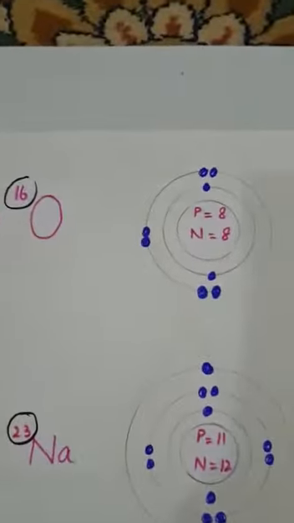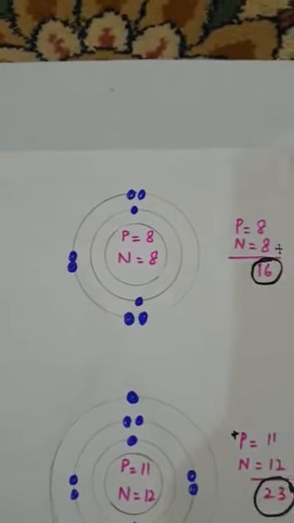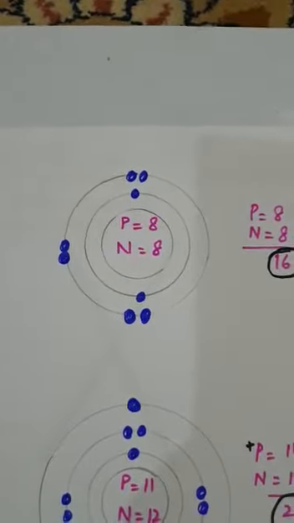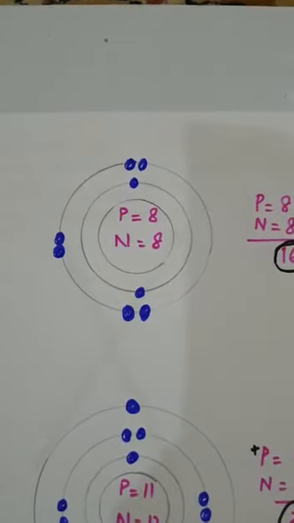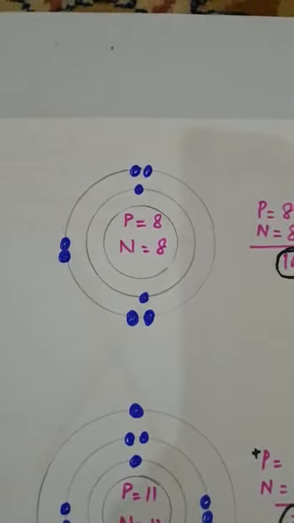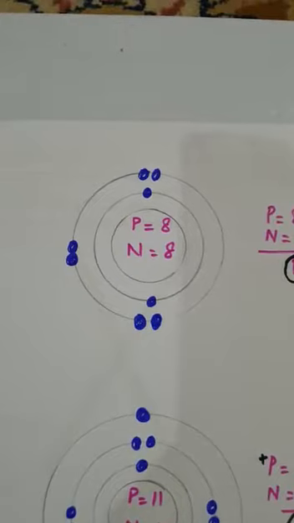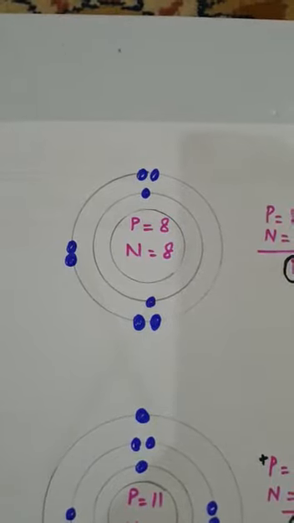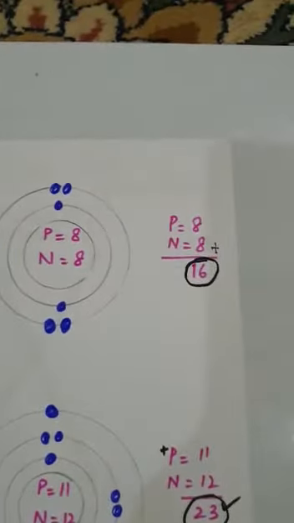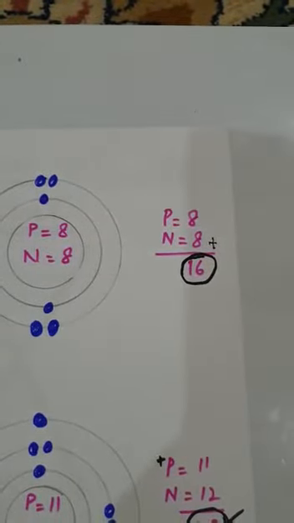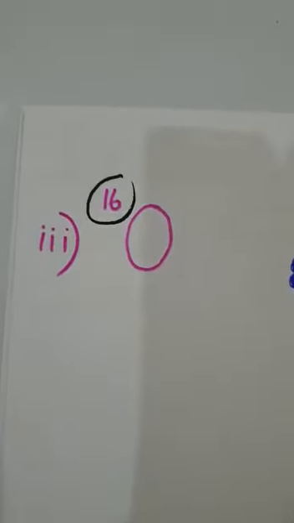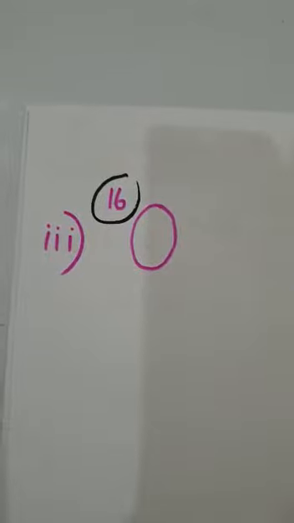After that we discuss the third example, and that is the oxygen atom. We can see that in this structure the nucleus contains 8 protons and 8 neutrons. When we add the number of protons and the number of neutrons, we get 16. Now that 16 will be the mass number of oxygen, and it will be written above the symbol.